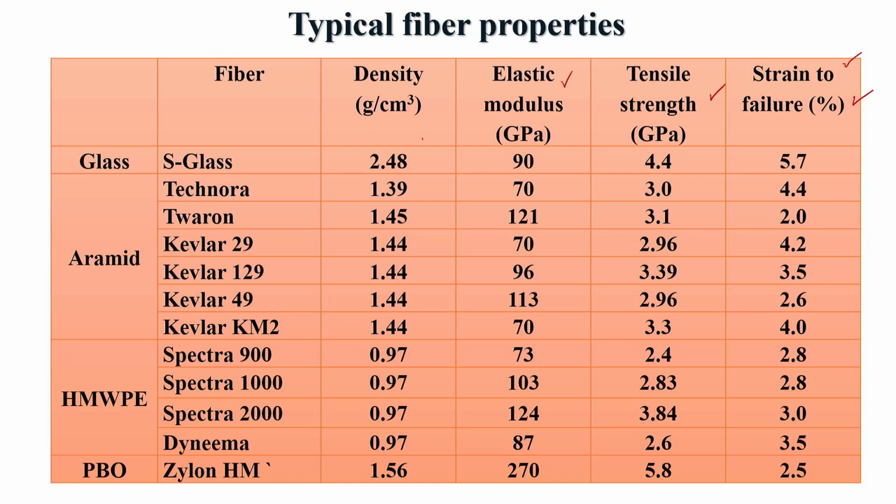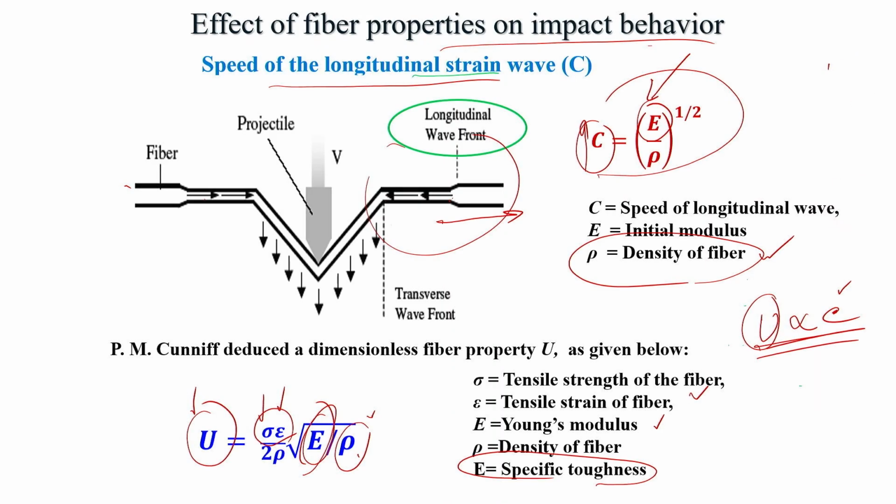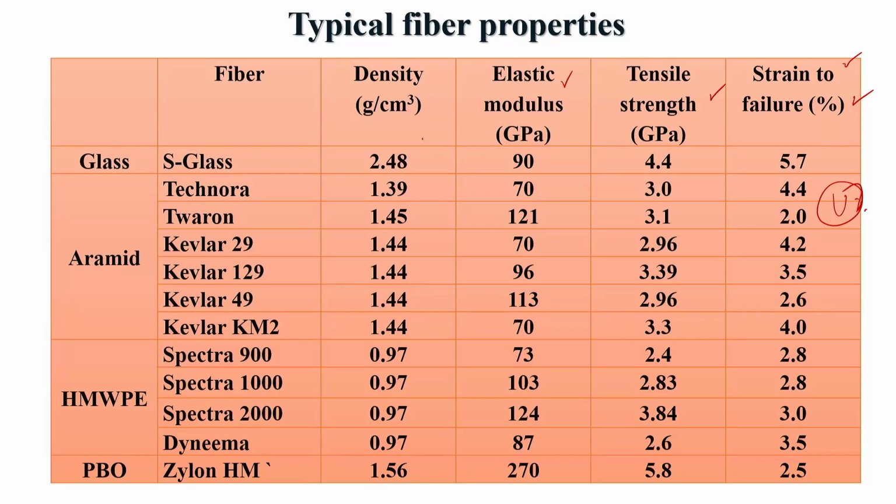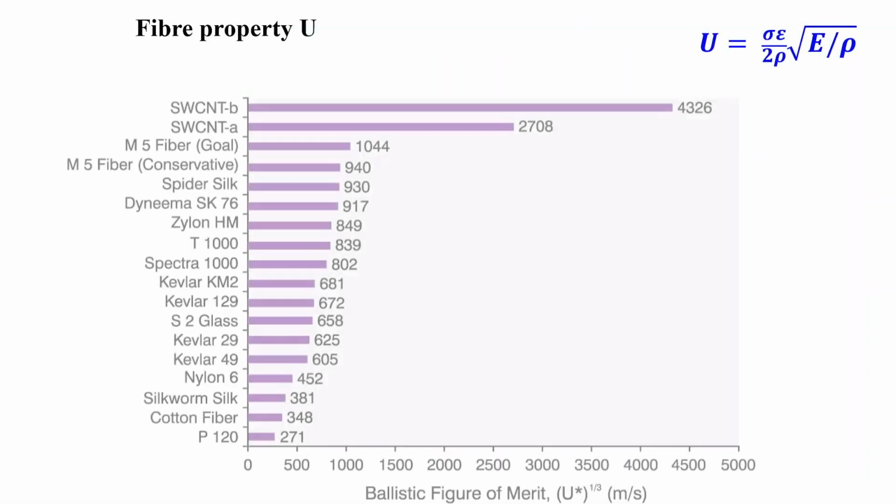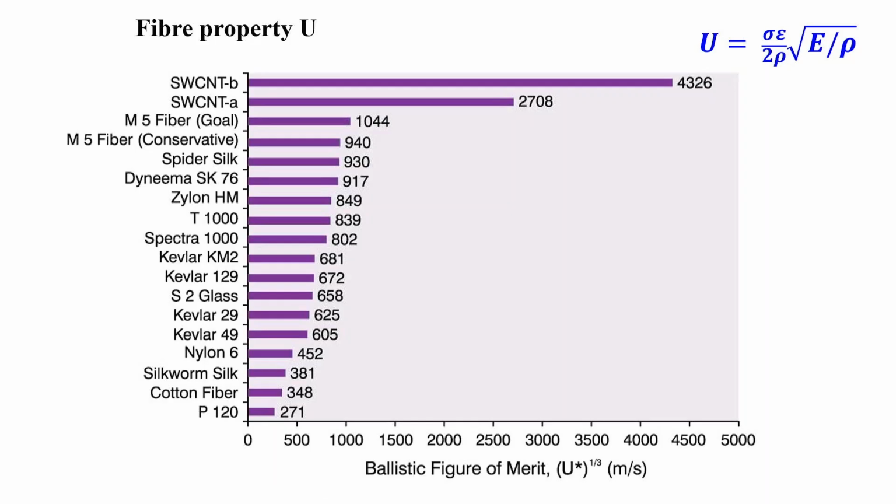So, from all this data we can get the U value, which was actually discussed earlier. U can be calculated. So, let us see the U value, fiber properties are there, and these are the U values.